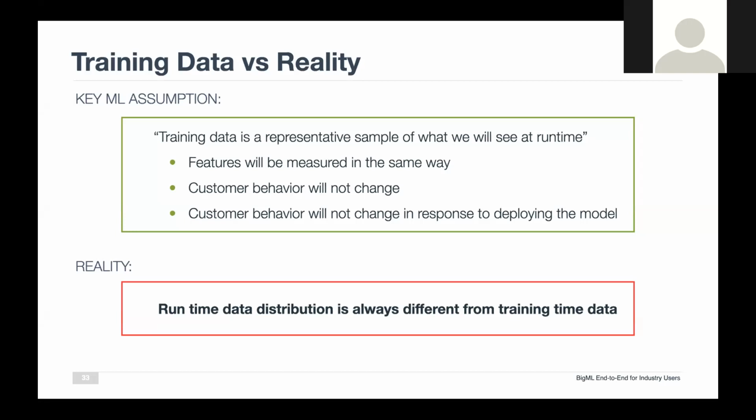In general, we assume that features will be measured in the same way, and they might not. We assume that customer behavior will not change over time, and it will. And we also assume that customer behavior will not change in response to deploying the model.